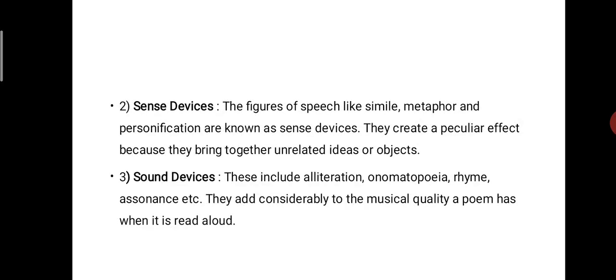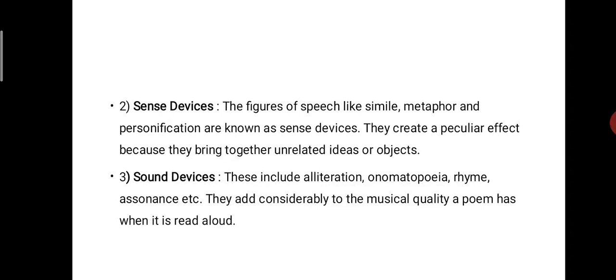Next are sense devices. Sense devices, which are related to simile, metaphor, personification, metonymy, synecdoche, and pun, create a peculiar effect because they bring together unrelated ideas or objects.